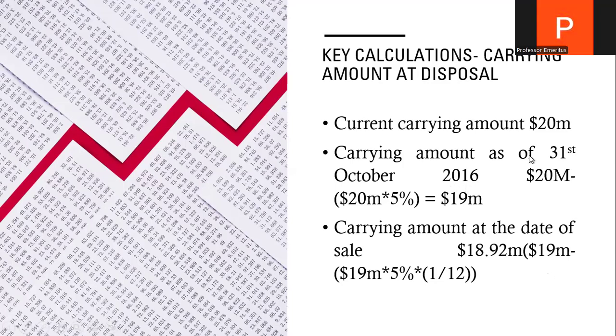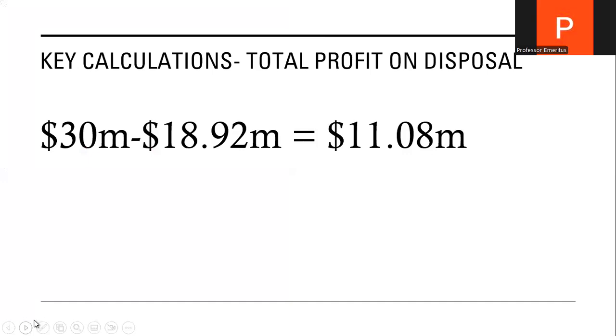Therefore, that will be 19 million that was left, less 5% of 19 million, taking just 1 month pro rata. That gives us a net carrying amount of 18.92 million as at November 20x6 when the asset is disposed. So the carrying amount at the date of disposal is 18.92 million.